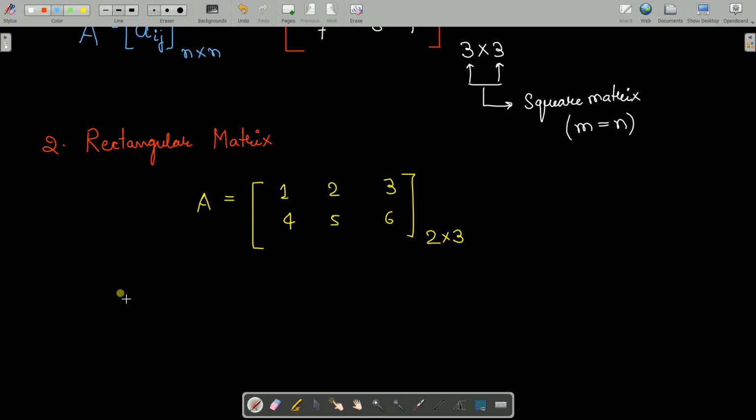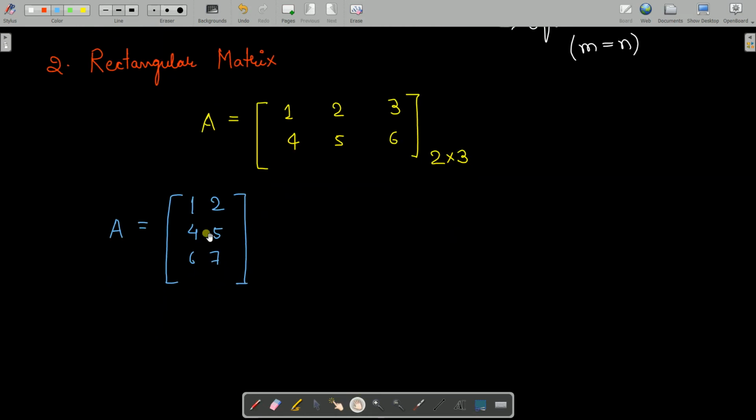Moreover, if I write something like this, let's say a matrix A, again 1 2 4 5 6 7, can I call this matrix rectangular? Yes, of course, because this is non-square, and any non-square matrix is a rectangular matrix. What is the order? How many rows? 1, 2, 3, three rows. How many columns? Two columns. So the order is 3 cross 2.